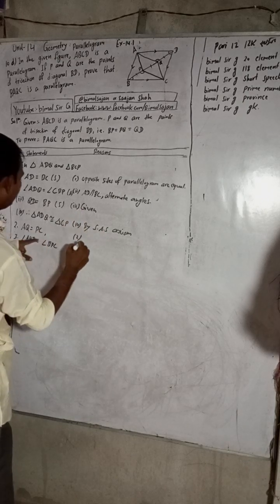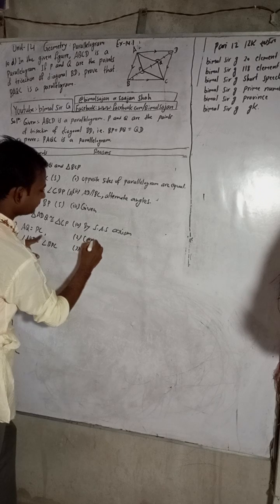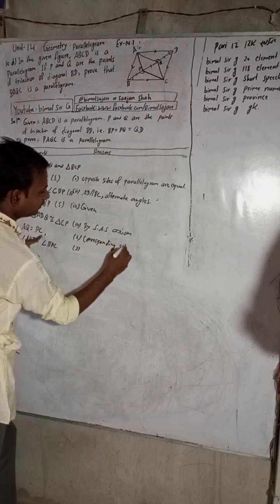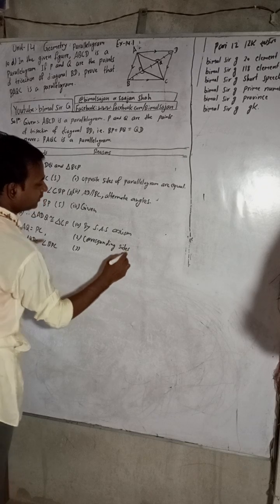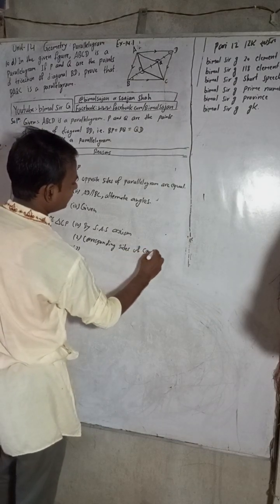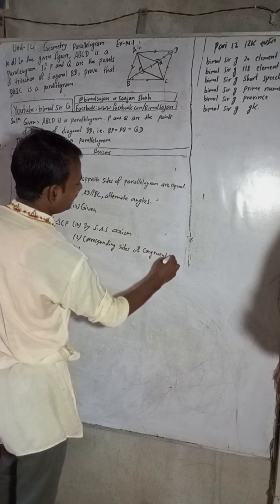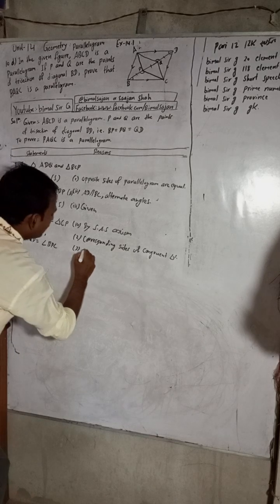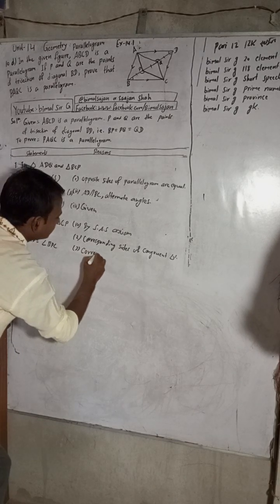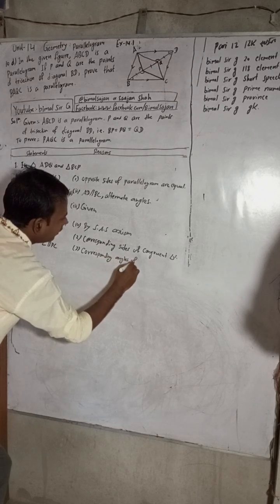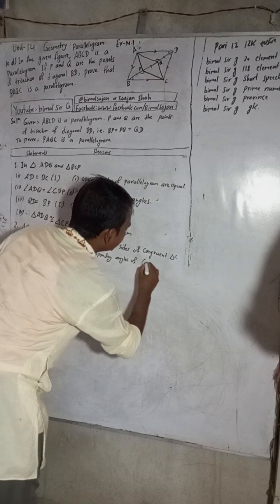If we write separately, corresponding sides of congruent triangles, and here corresponding angles of congruent triangles.